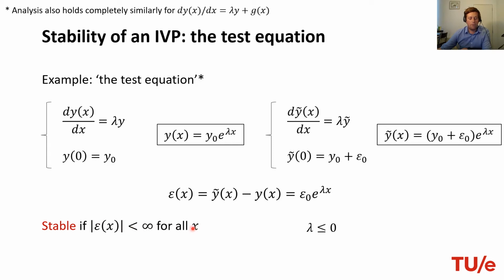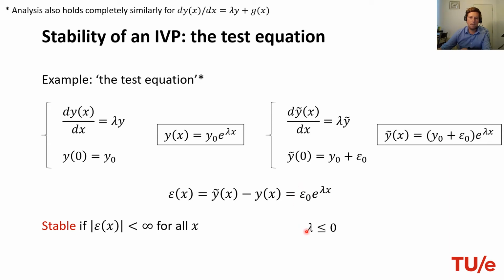Now, if we let x go to infinity, then if lambda is larger than 0, epsilon x will also go to infinity. So a condition for stability is that lambda has to be smaller than or equal to 0. If it is equal to 0, then this difference is constant: this becomes 1, and the difference is always equal to the small initial perturbation epsilon 0.